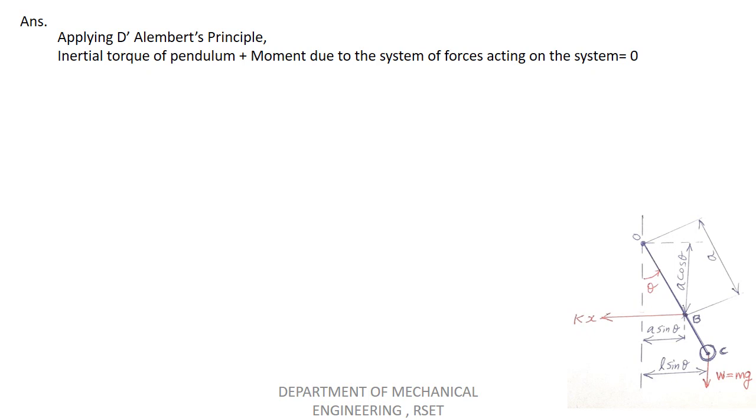Here it is written in the static format: the net moment due to the system of forces acting on the system about a point plus the inertial torque of the system is equal to 0. I discussed in the previous slide that the inertial torque for the system is in the clockwise direction.